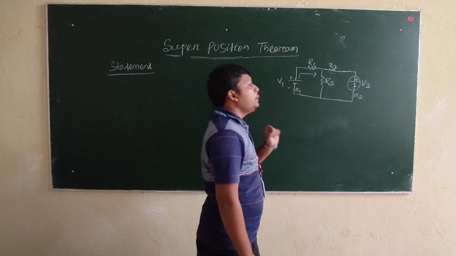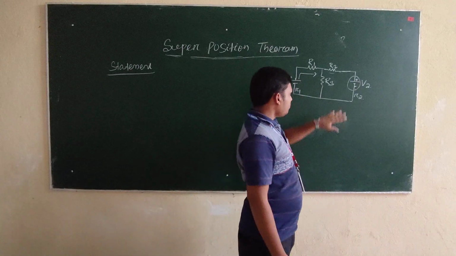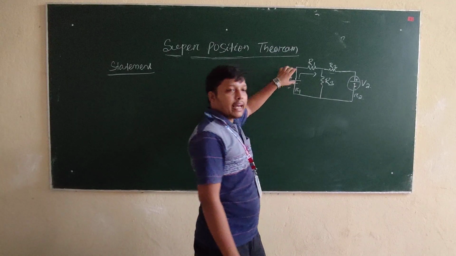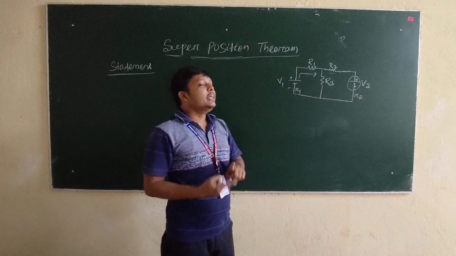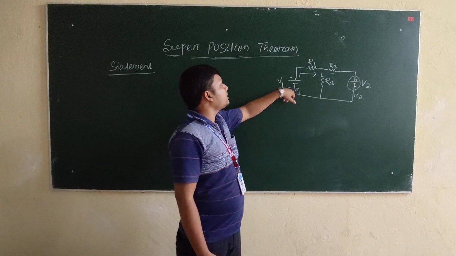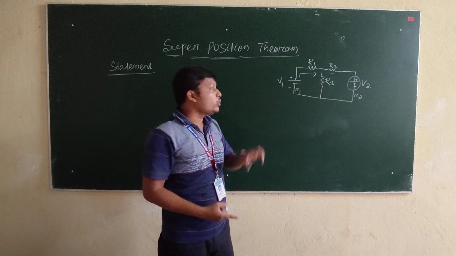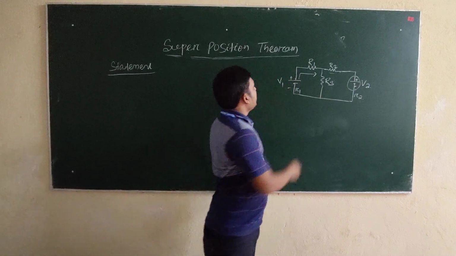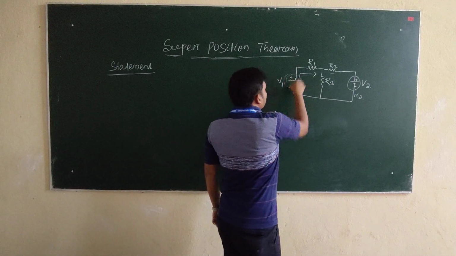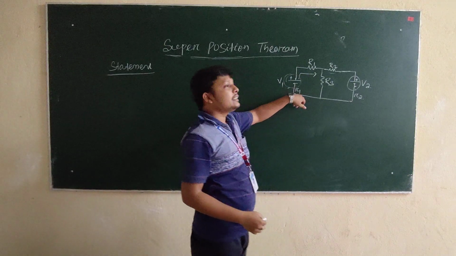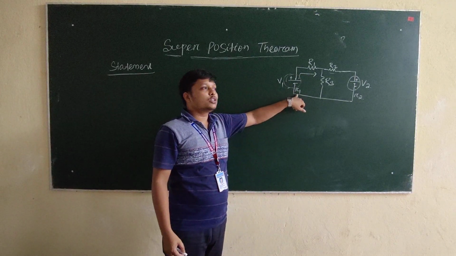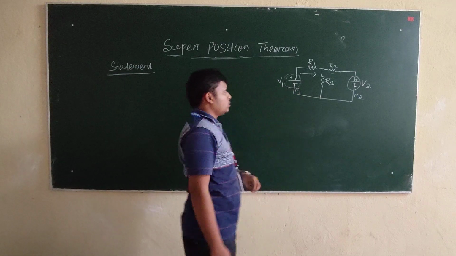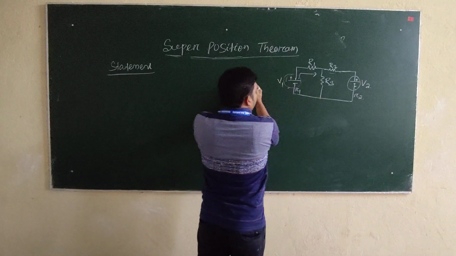A very important point to note is that when we omit a voltage source, if the internal resistance of this voltage source is present, then we have to take the internal resistance into account. If we omit the V1 source, then the internal resistance small r1 is present, so we have to take it into account.